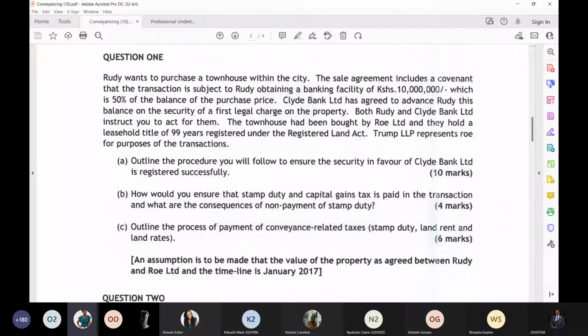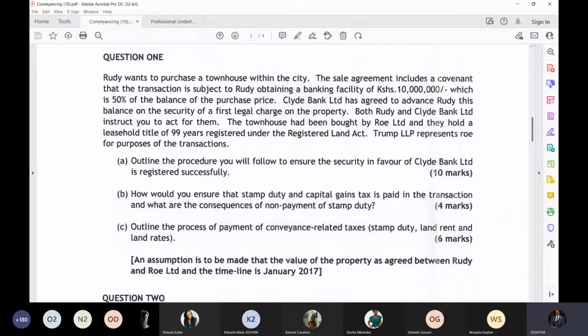Non-payment of stamp duty amounts to a criminal offense under Section 113 of the Stamp Duty Act because it's considered evasion of tax. Exactly. So you have those three points, and you see how you've already gotten your full marks: registration, enforceability or admissibility of these documents, and it's a criminal offense because it amounts to tax evasion.